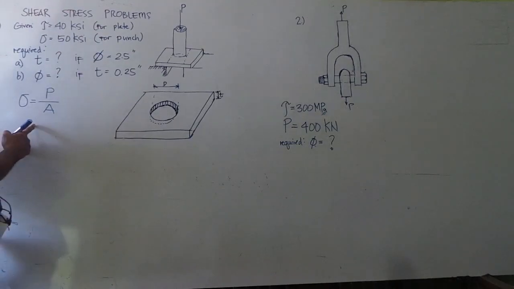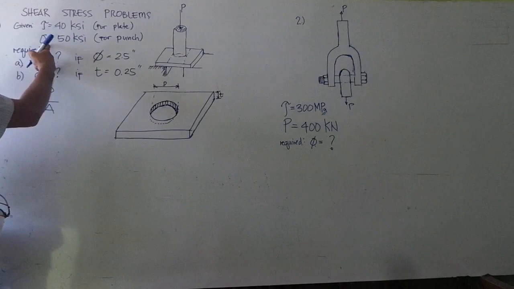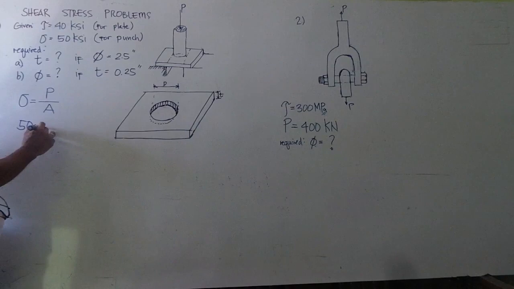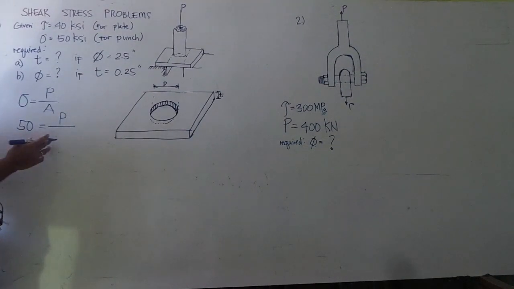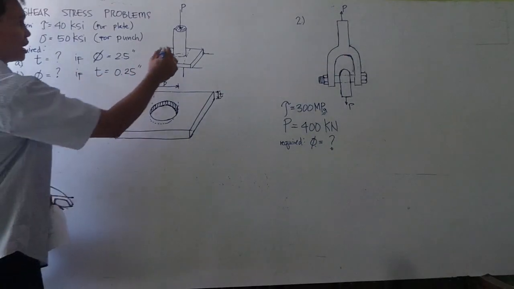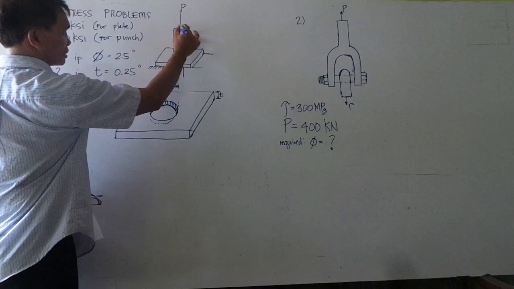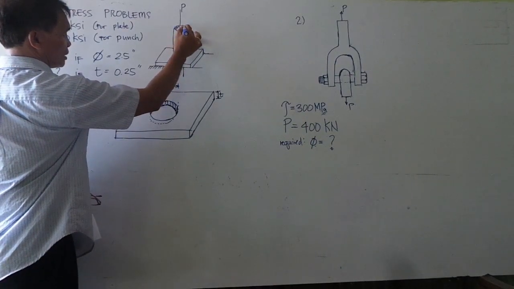This is our working formula. Considering the given compressive stress of 50 psi, you have 50 psi equal to P, which is still unknown, divided by the area. The area is the area of this punch.